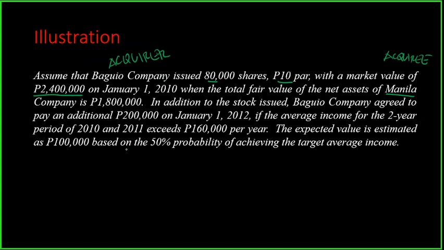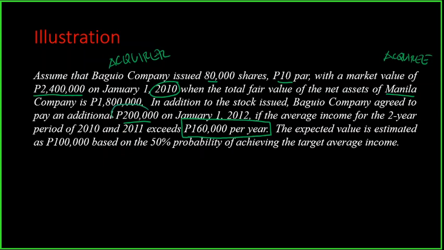In addition to the stock issued, Baguio Company agreed to pay an additional 200,000 pesos on January 1, 2012 if the average income for the 2-year period, take note, started in 2012. If the income from these two periods exceeds 160,000 per year. So this is now the event.